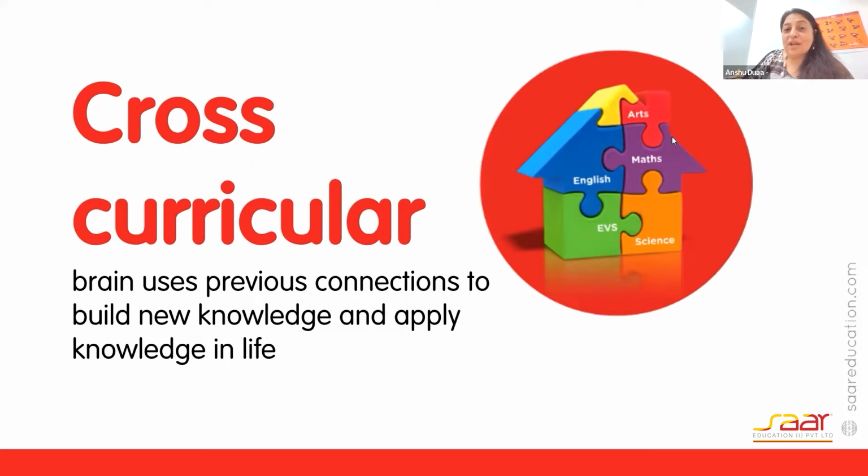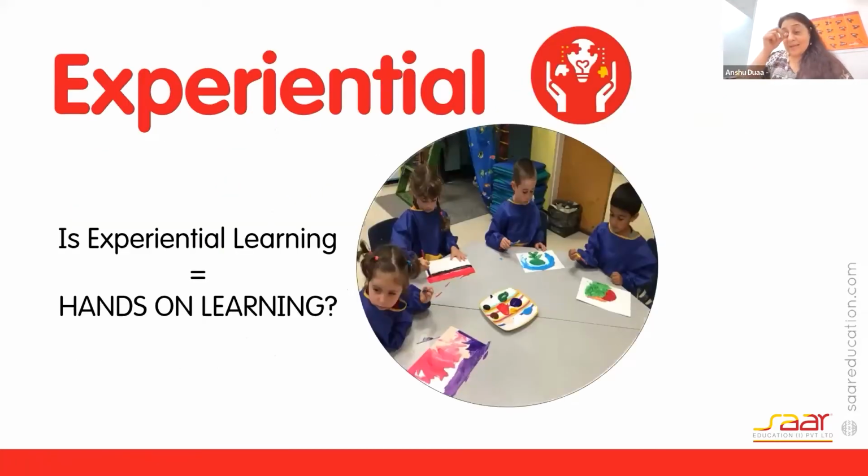Therefore, cross-curricular is a very important way of doing a pre-primary curriculum. So together we have covered the inquiry-based, the spiral, child-centered, and cross-curricular. Now what is left is the experiential.